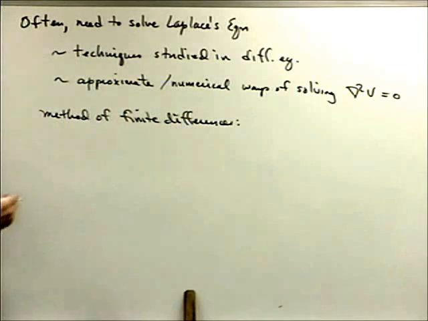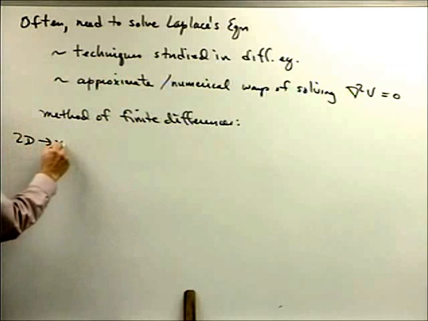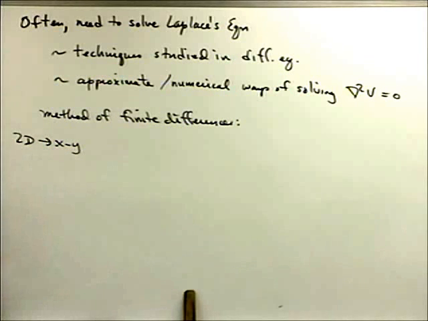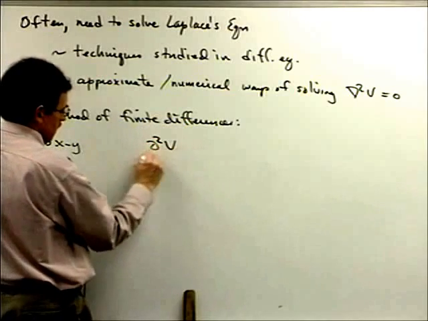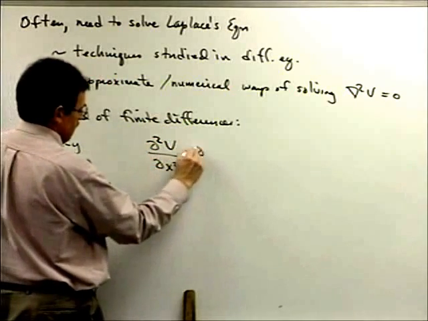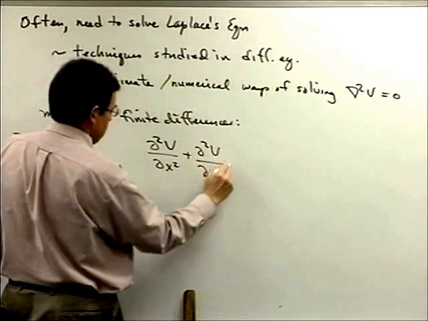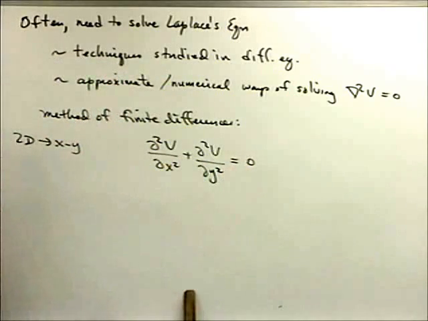Okay, so if we just do this in 2D, say, in the xy plane to illustrate this, then Laplace's equation becomes the second derivative of v with respect to x plus the second derivative of v with respect to y equals 0.